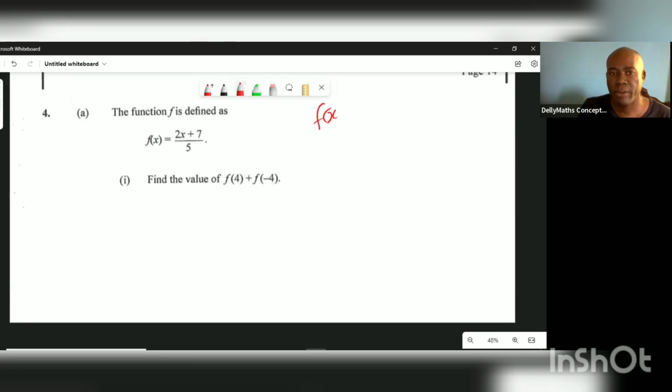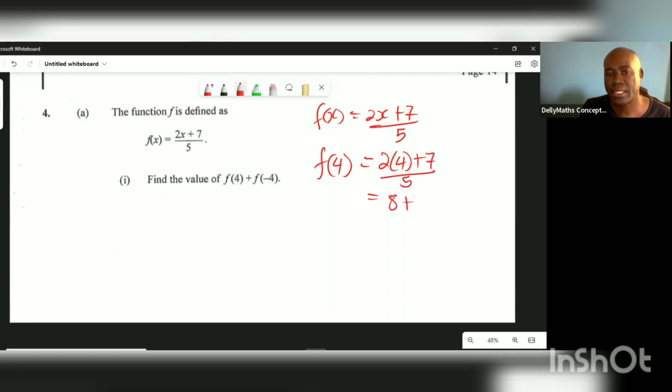F of 4 is (2 times 4 + 7) over 5. This is (8 + 7) over 5, which is 15 over 5, and this is 3. So f of 4 gives us 3.